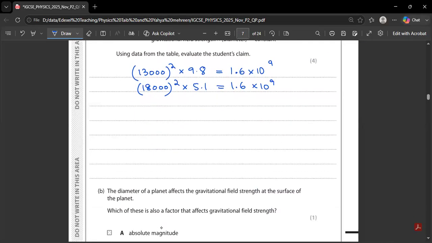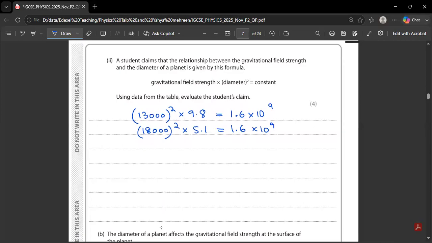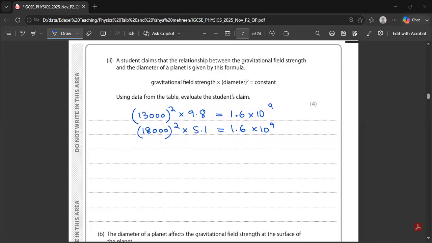So by doing this calculation, we will get 2 marks. And then upon conclusion, with a comparison of at least 3 or 4 values, we can get 4 marks. Okay.